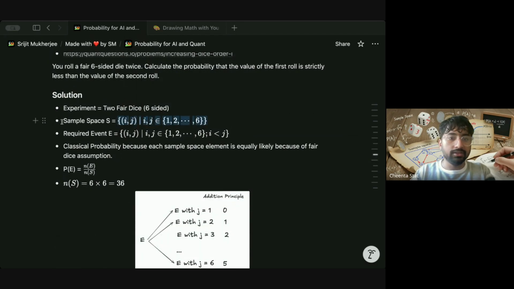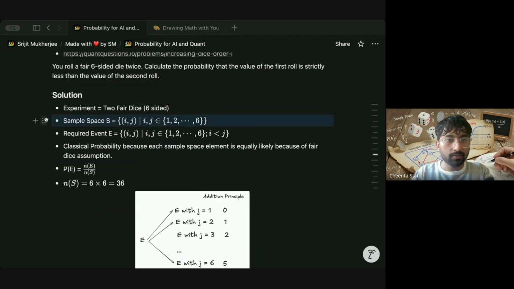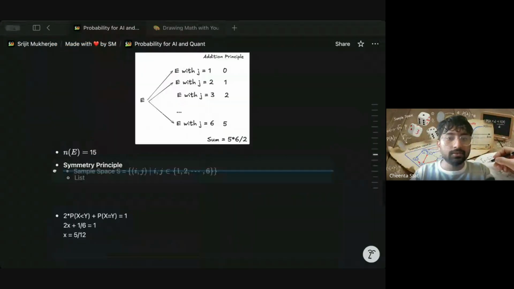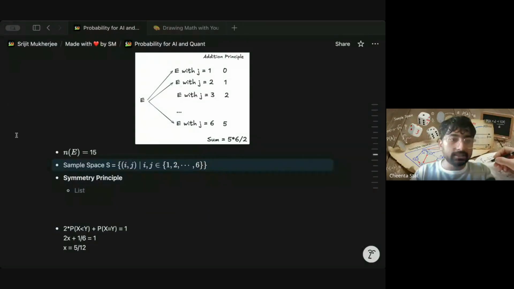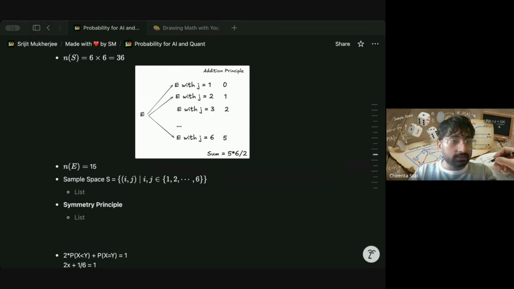observe this very carefully now. The entire sample space S now can be written in three different ways. Perfect, Ujjwal. Yeah, but one should also know multiple ways to do it.